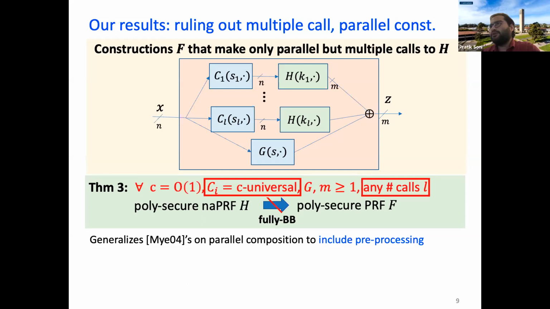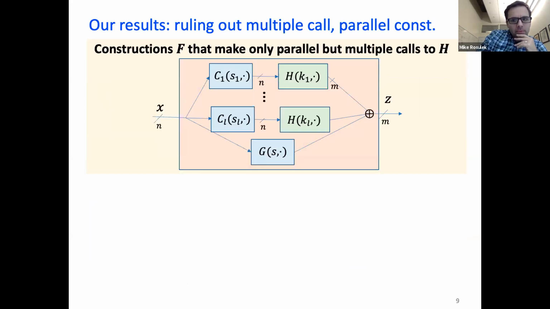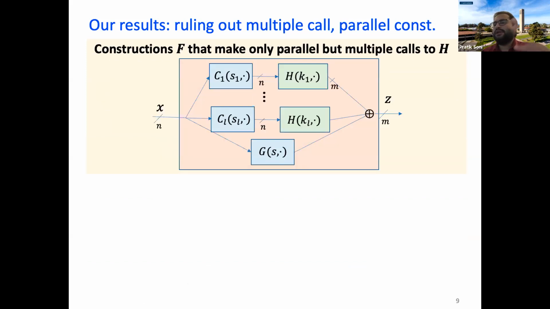So the question you're asking is, can you replace XOR with a more general function? I believe we can, but one would need to work a little bit harder on the proof, which we do not show. So our main result is basically showing this construction, and then the techniques that we use for this end up extending to this multiple call construction. However, the question that you mentioned is actually a very cool question, but we do not address that directly in the paper.